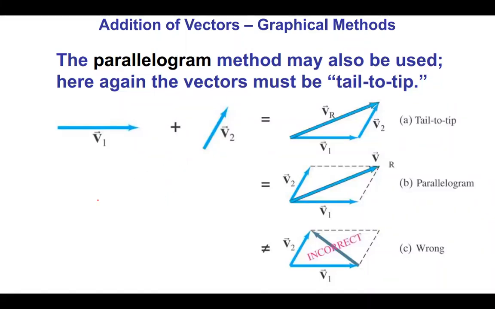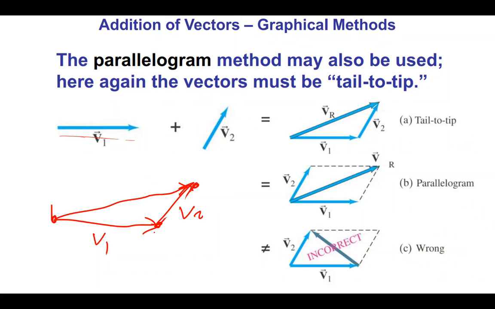If you have a vector v1 and this other vector v2, the correct way of finding the resultant of these two vectors is tip to tail. You first move from this point to that point, and then from that point to that point. That's how you add vectors.